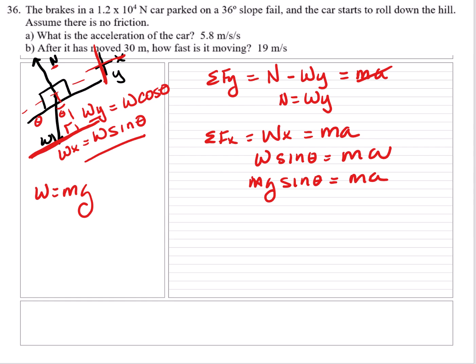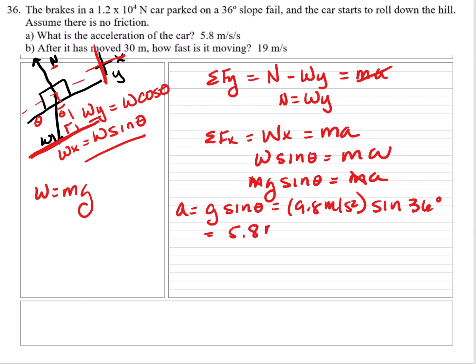The masses cancel out. So acceleration is g sine theta, or 9.8 meters per second squared sine 36 degrees. If you punch that into the calculator, you will get approximately 5.81 meters per second squared.